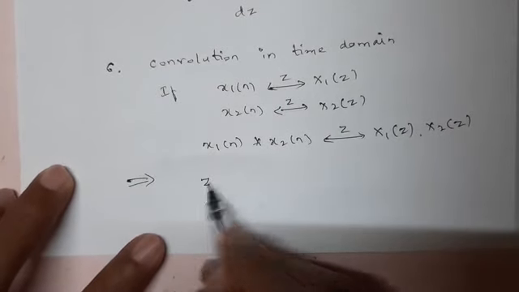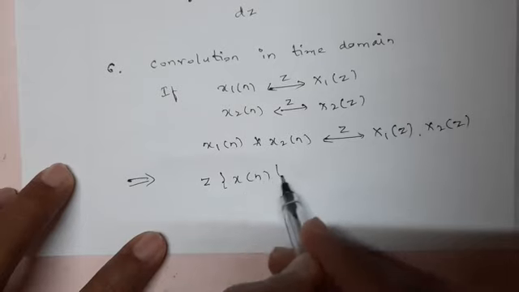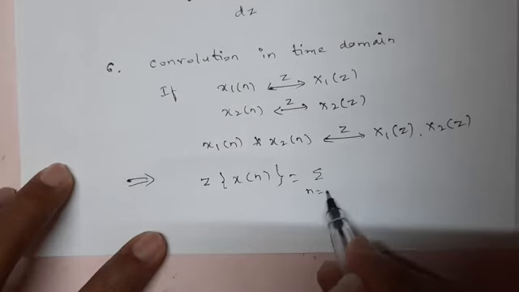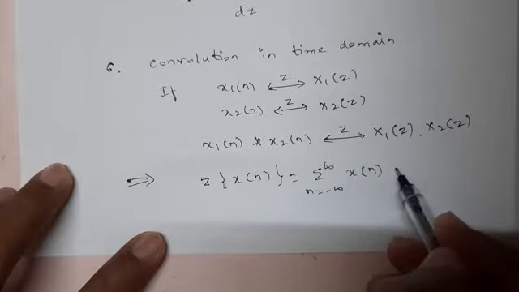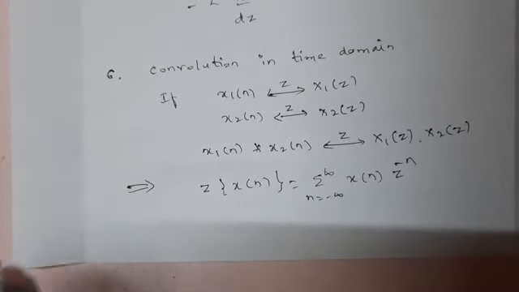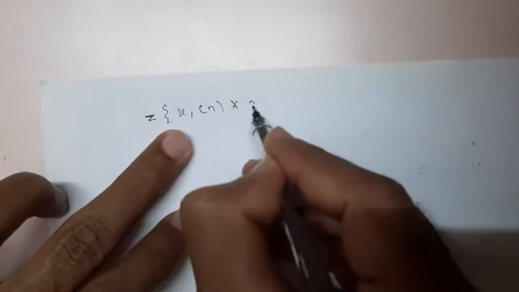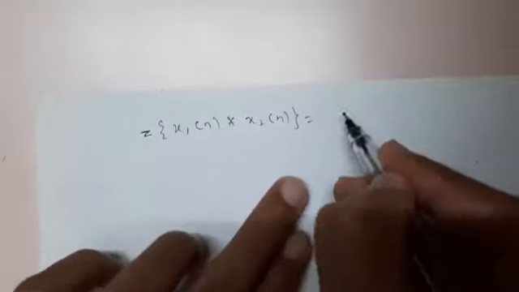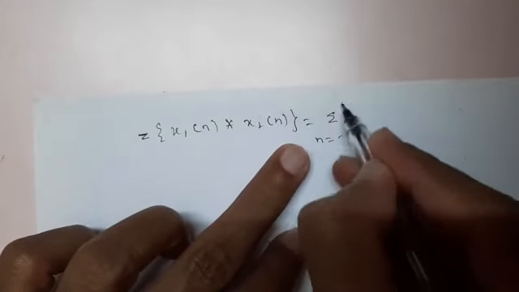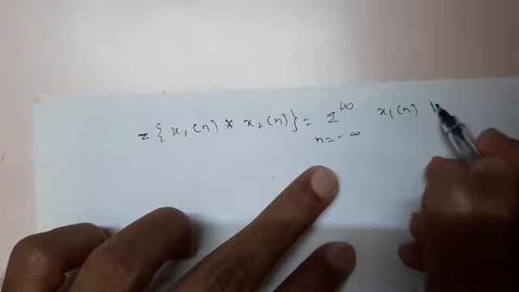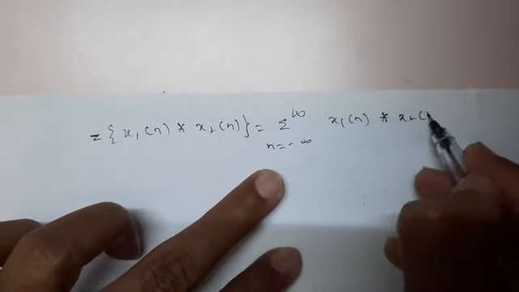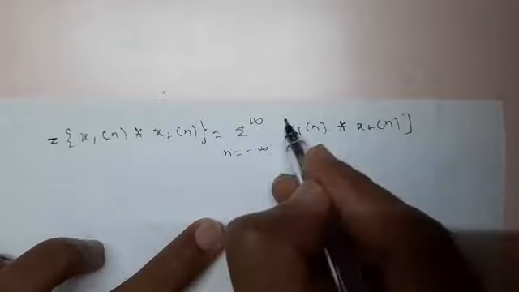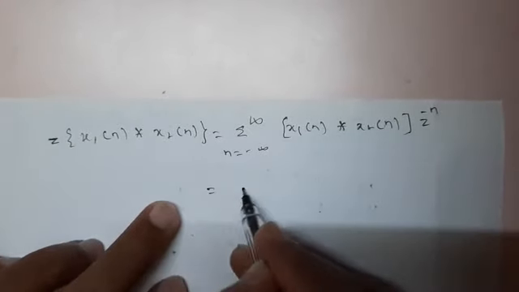Okay, so what I will do is try to prove this. The Z transform of x of n is summation n equal to minus infinity to plus infinity x of n z to the power minus n. So now what is your Z transform of x1 of n convolution with x2 of n? It is equal to summation n equal to minus infinity to plus infinity of x1 of n convolution with x2 of n, whole thing times z to the power minus n.